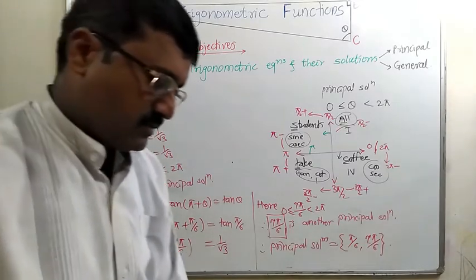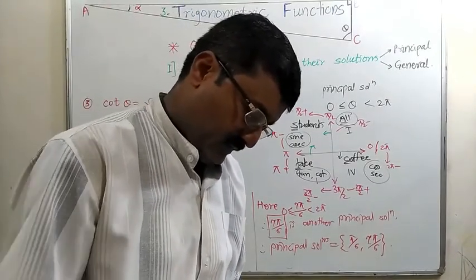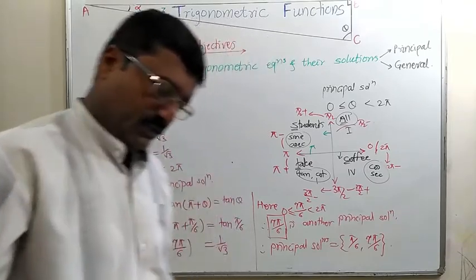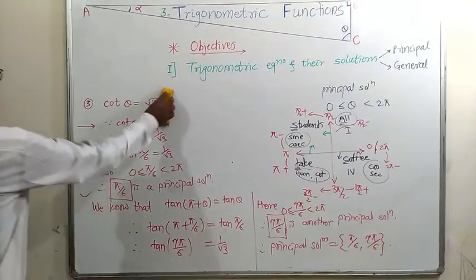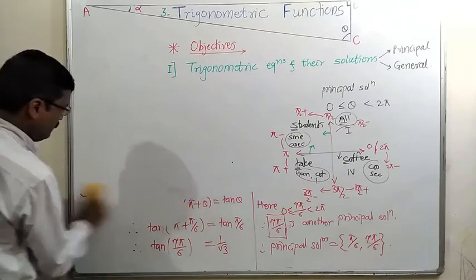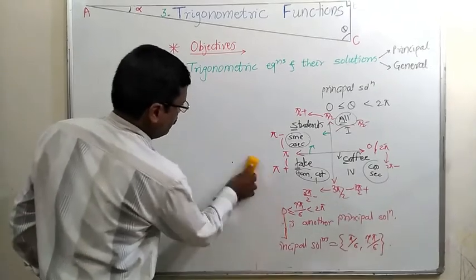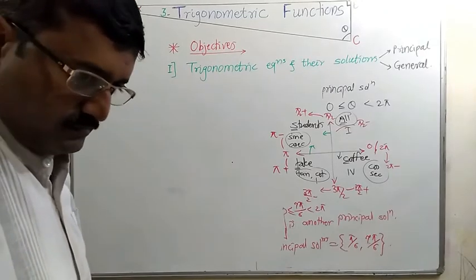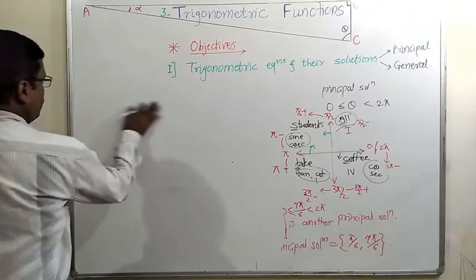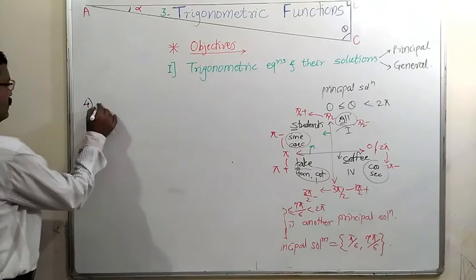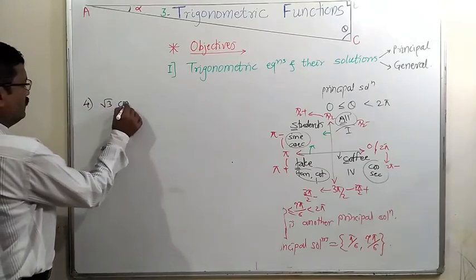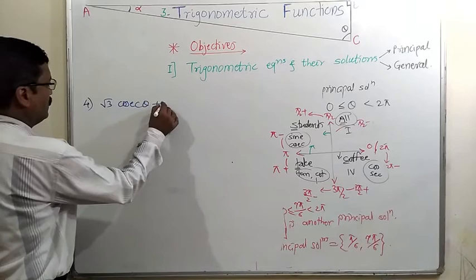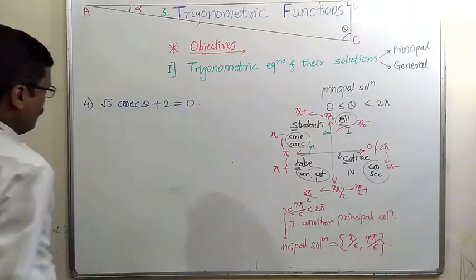Okay. Let us solve one more. Example number 4: root 3 cosec theta plus 2 equal to 0.